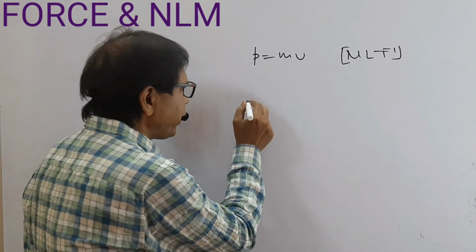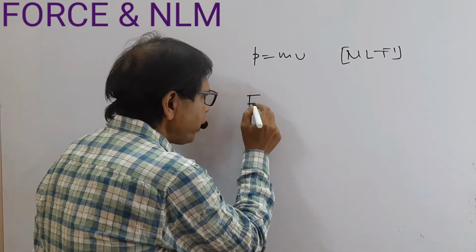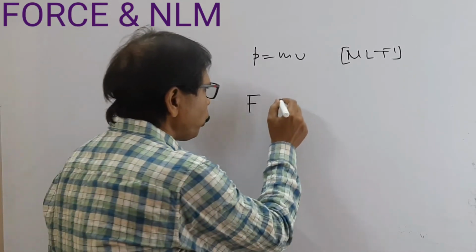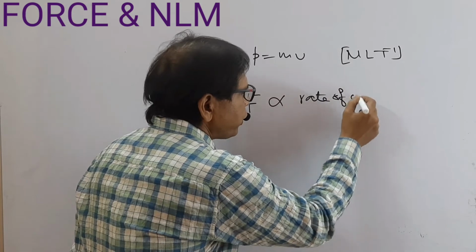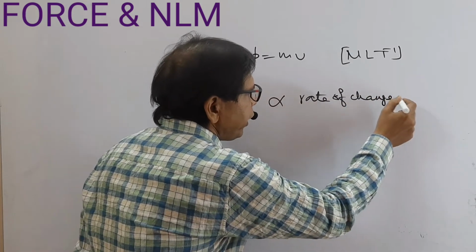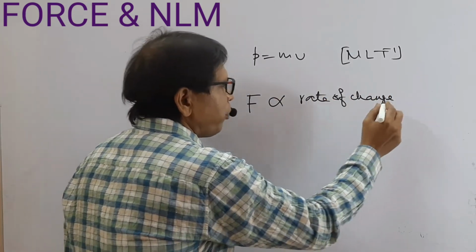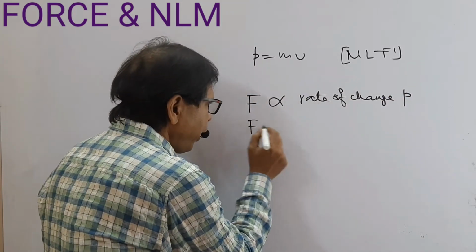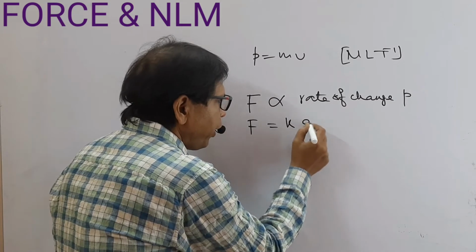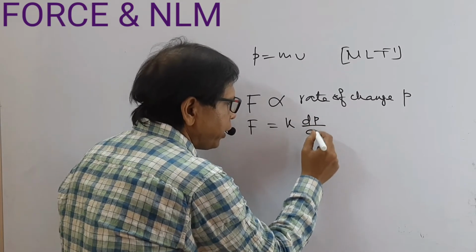From Newton's second law of motion, force F is directly proportional to the rate of change of linear momentum, that is P. So from here, F equals K dP by dt.